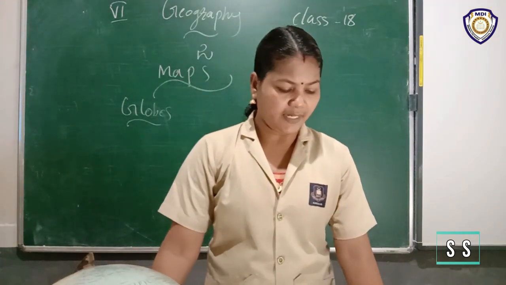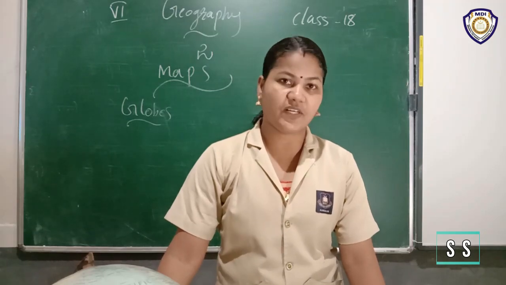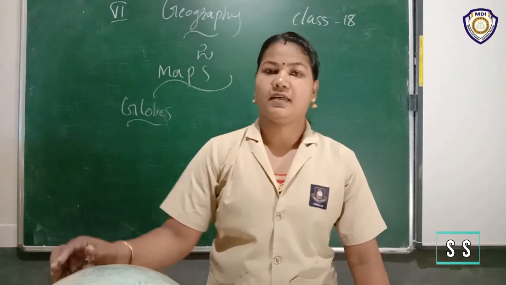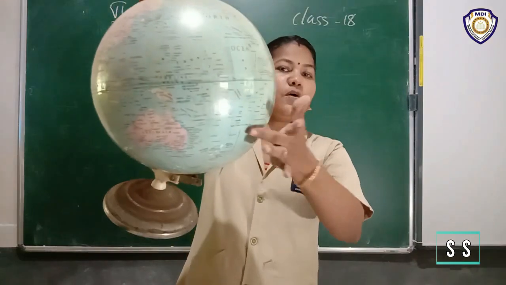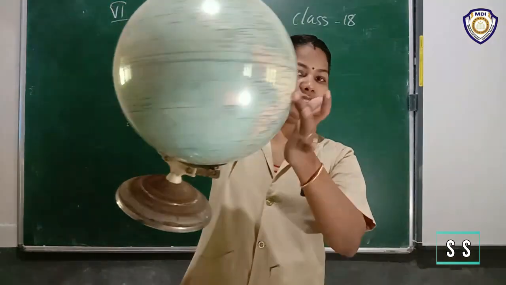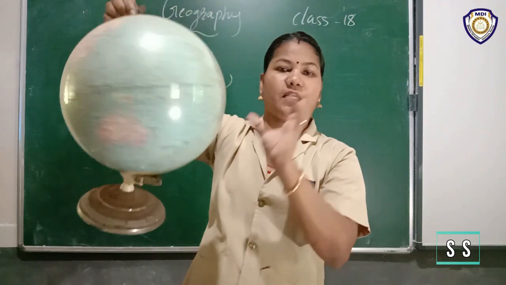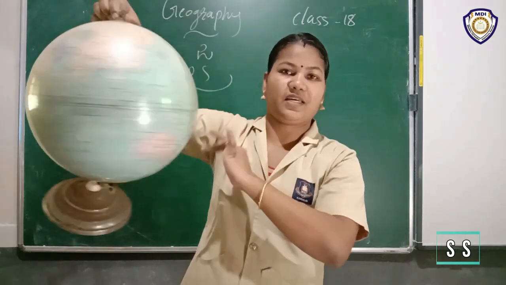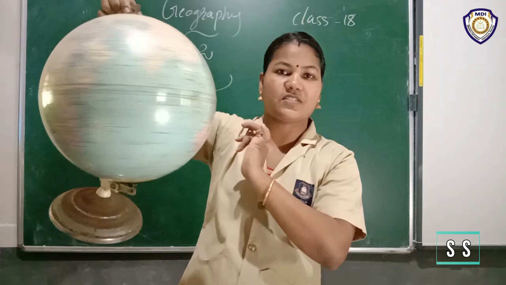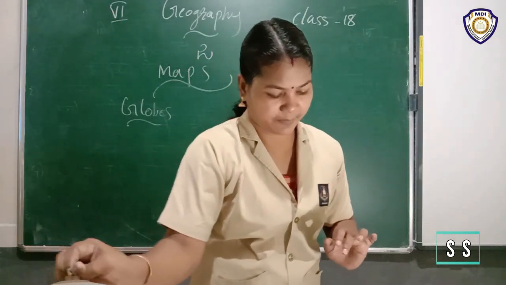We use a globe to represent the spherical earth. Okay, listen. It is a small model of earth. It is spherical, that means a round shape.